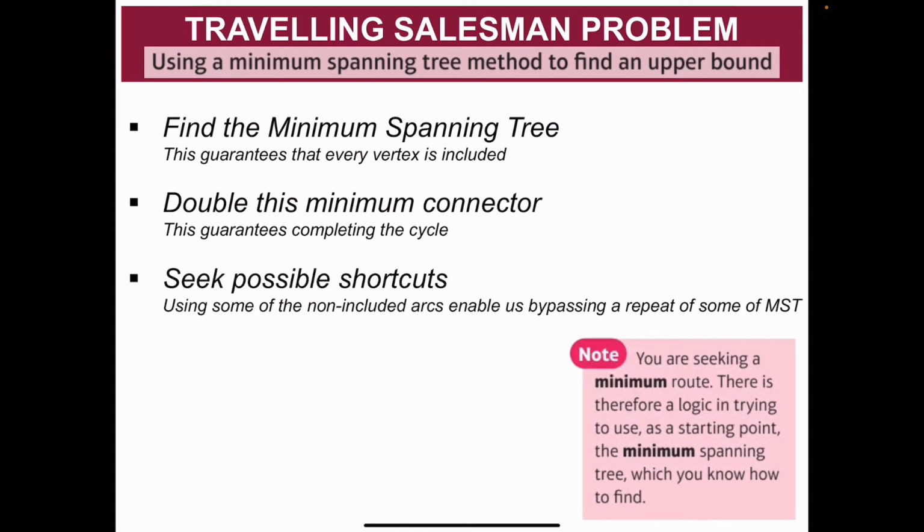And the third step, you can improve your upper bound, that is called initial upper bound, by seeking possible shortcuts. Because using some of the non-included arcs can enable you to bypass a part of the minimum spanning tree that you have repeated, and that's why it helps you to make the initial upper bound lower.